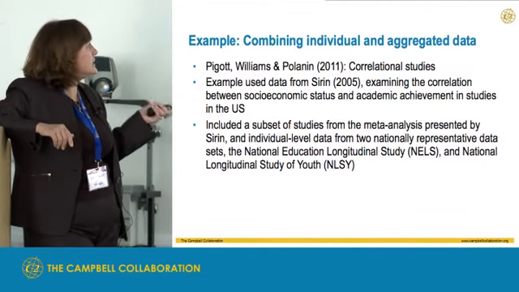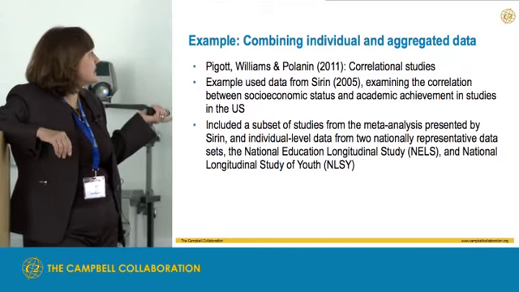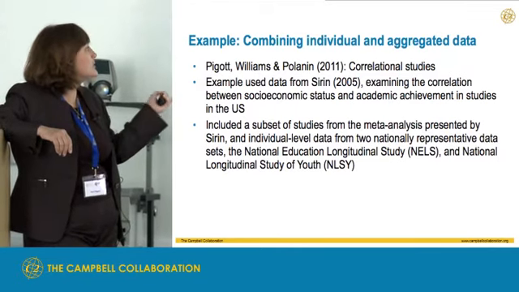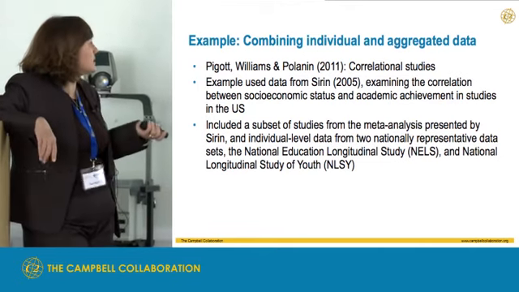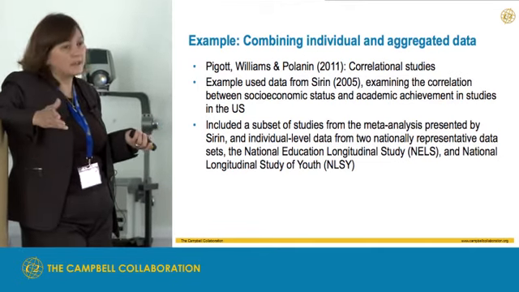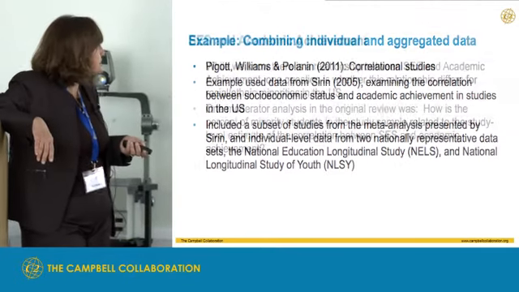And then we included into that, into a selected number of those studies, a subset of studies, individual level data from 2 nationally representative data sets. The National Education Longitudinal Study, or NELS, and the National Longitudinal Study of Youth, NLSY.